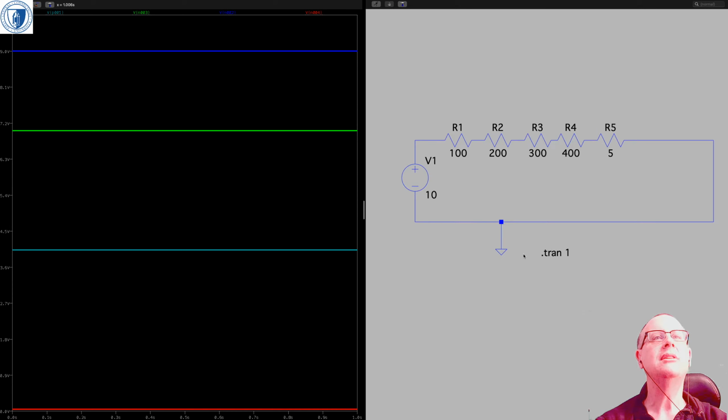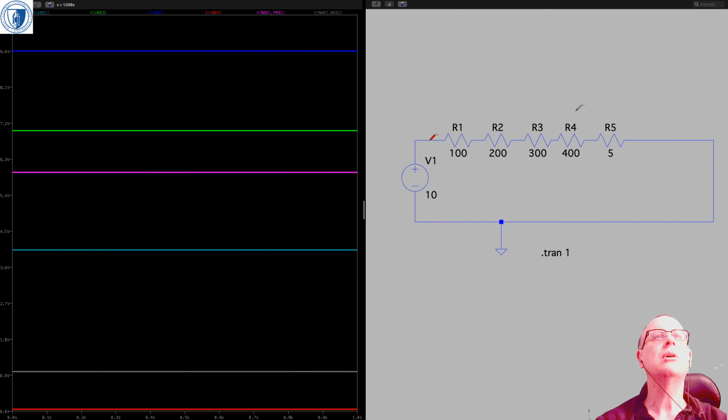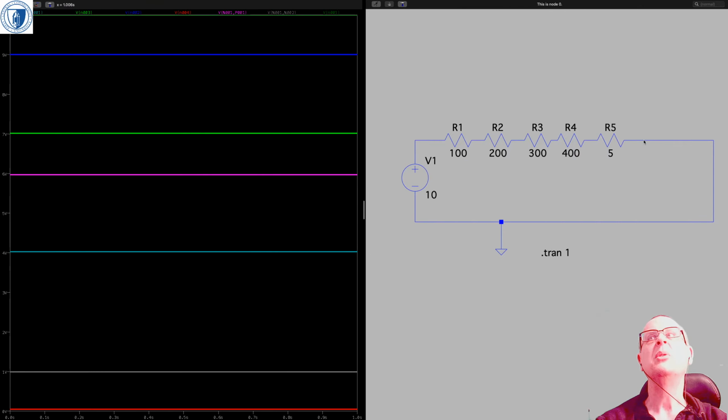If you just have the red probe on a node and you click, that gets you the voltage between the reference and the node. Whereas if you click and drag, that gets you the voltage between where you clicked and where you dragged to. Okay, so I don't just have to go over a single component, I could go over all the components.